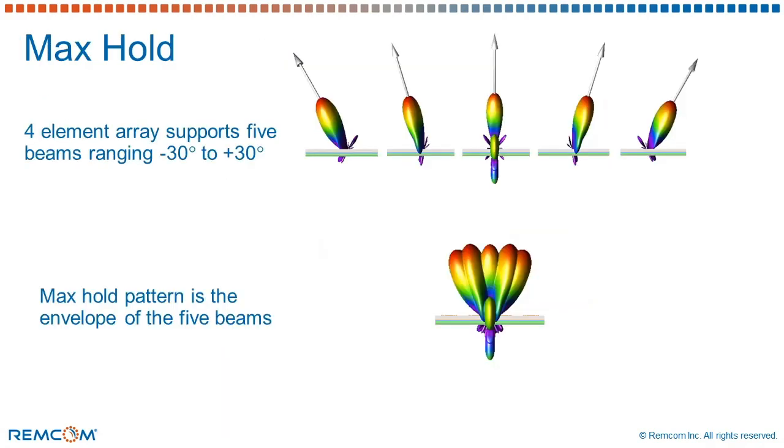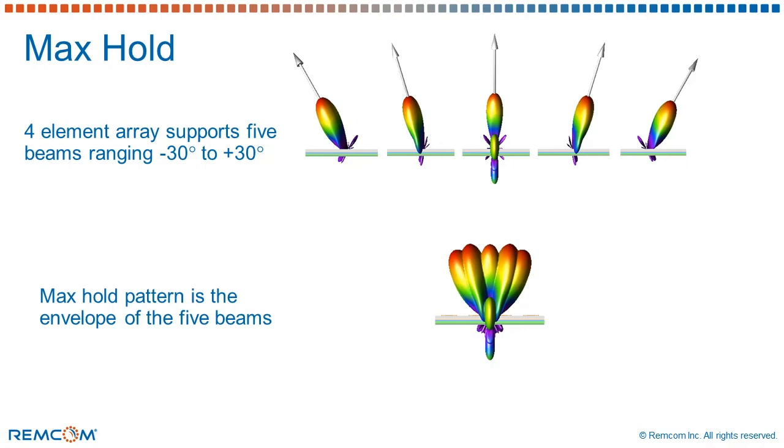The last part of this presentation is to discuss the result types max-hold and CDF of EIRP. So these two are the result types that are available as part of the array optimization. And here in this case, we have a 4-element array which supports 5 different beams ranging from -30° to +30°.